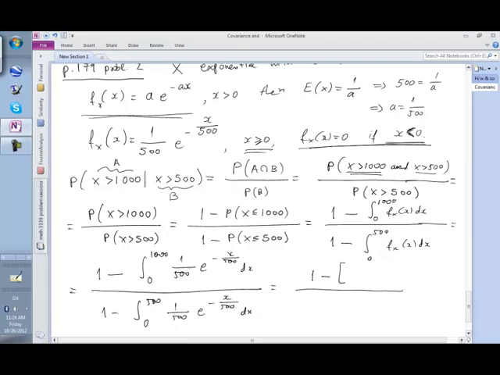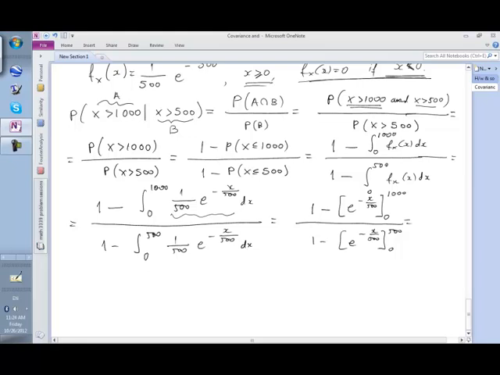So the antiderivative of this integrand is negative e to the negative x over 500, and I'm taking this from 0 to 1000, and again from 0 to 500. I'm sorry, I forgot the negative sign here. Thank you.